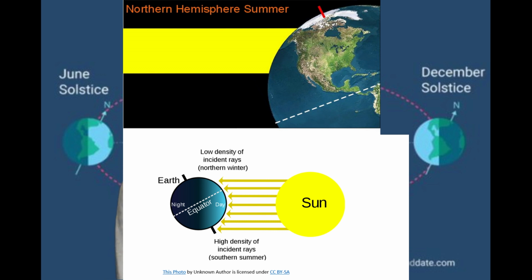In the lower image, you can see that in our winter, the sun rays are more focused on the southern hemisphere, and everything north of the equator is getting less direct rays. This will cause shorter days and cooler weather. Again, the tilt of the earth is the reason we have seasons.